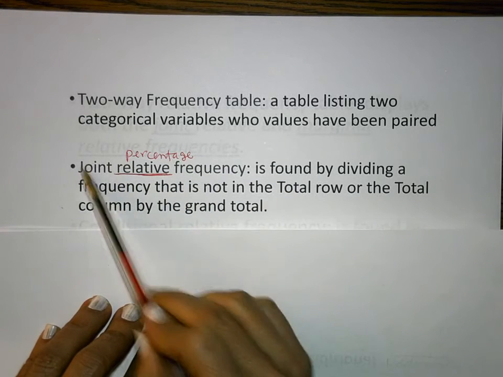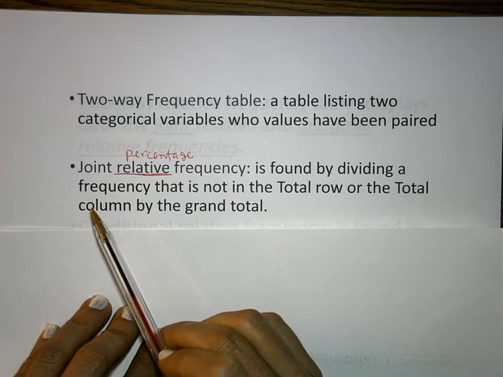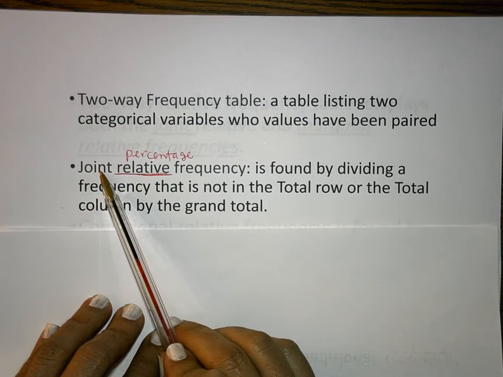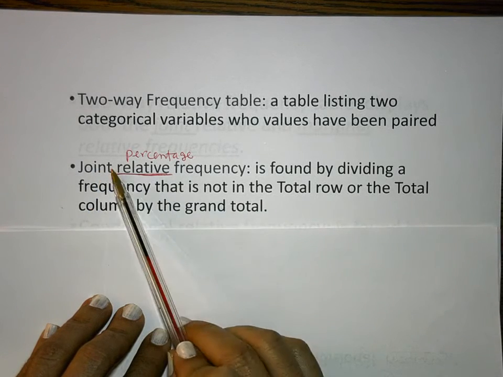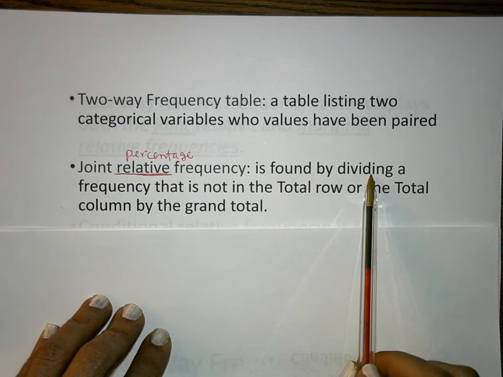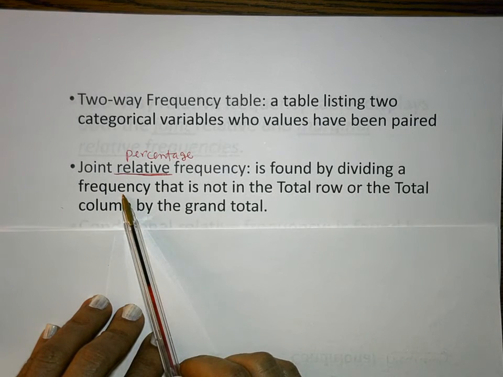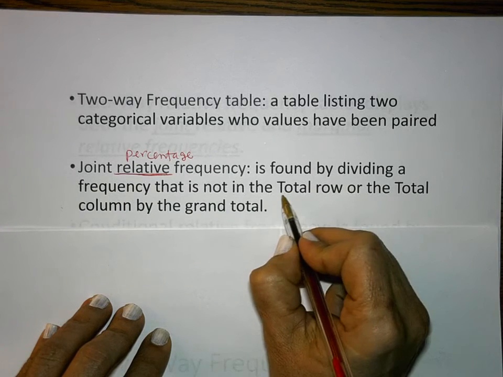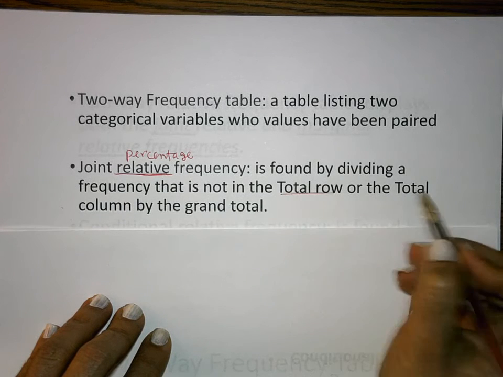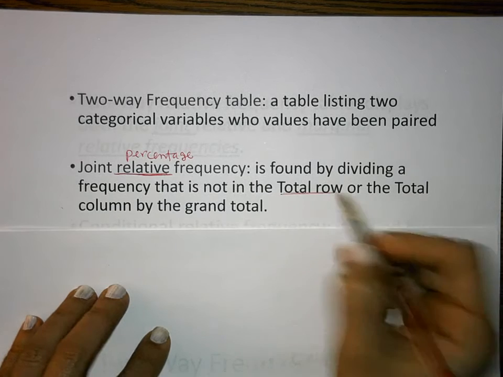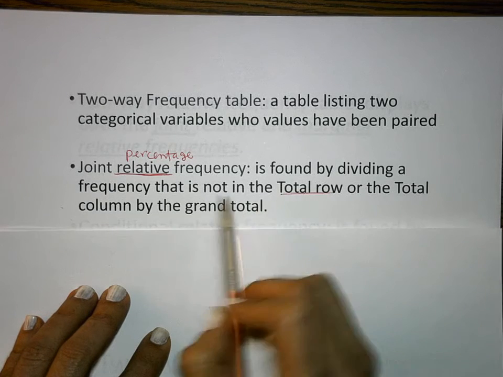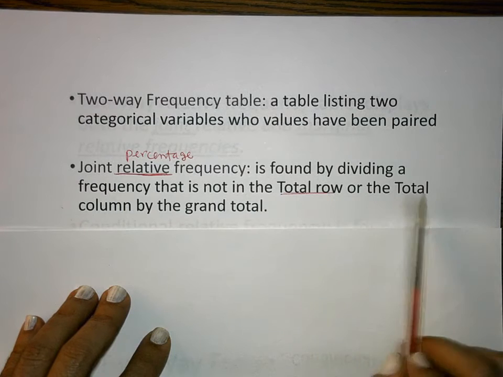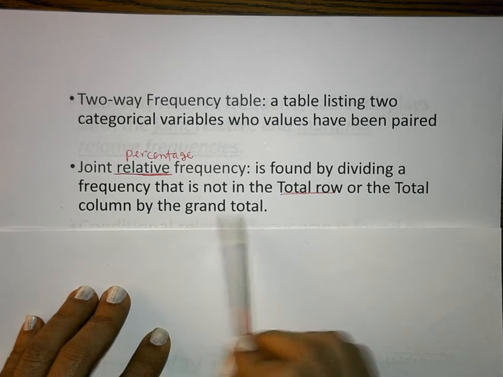So joint, because it's going to be two things joined together. The percentage of these two things is found by dividing a frequency that is not in the total rows or in the total columns by the grand total.